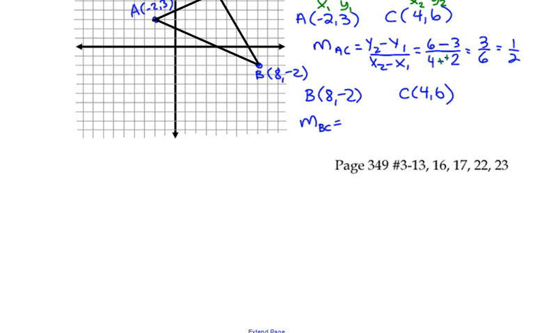So we have to label who's point 1 and point 2. x, y, and then 1, 1, 2, 2. Okay, y2 is 6 minus -2, divided by 4 minus 8.